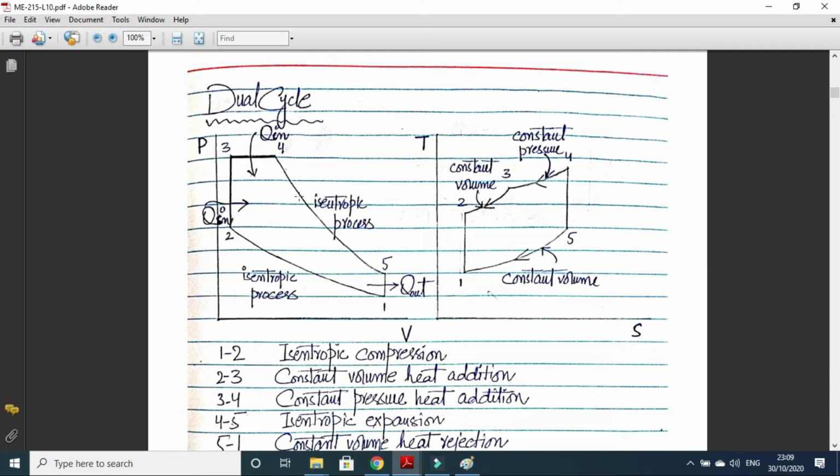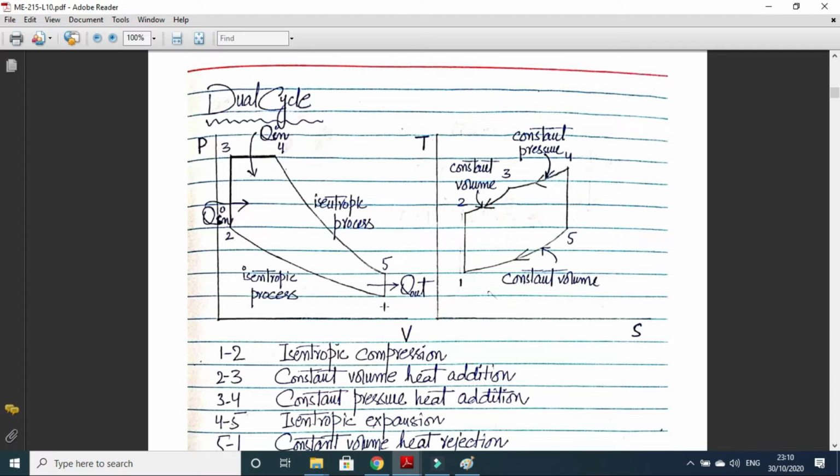So when the Otto and diesel cycles were presented and discovered by the scientists, someone thought that we can also approximate the actual engines with an idealized cycle in which we have both constant volume and constant pressure heat addition. So it was thought that it would be a better approximation of the actual engines.